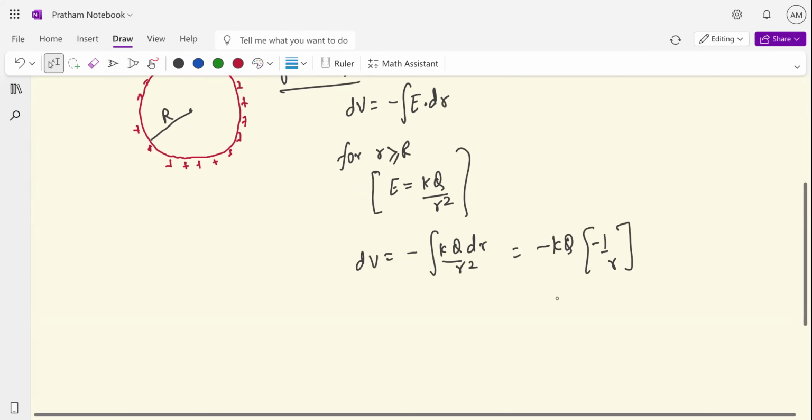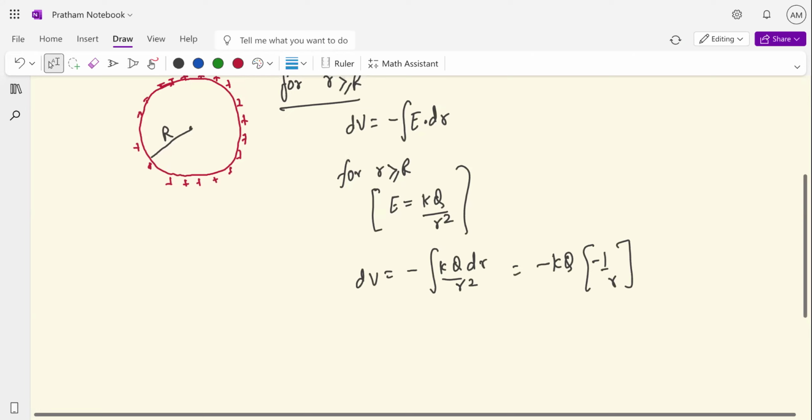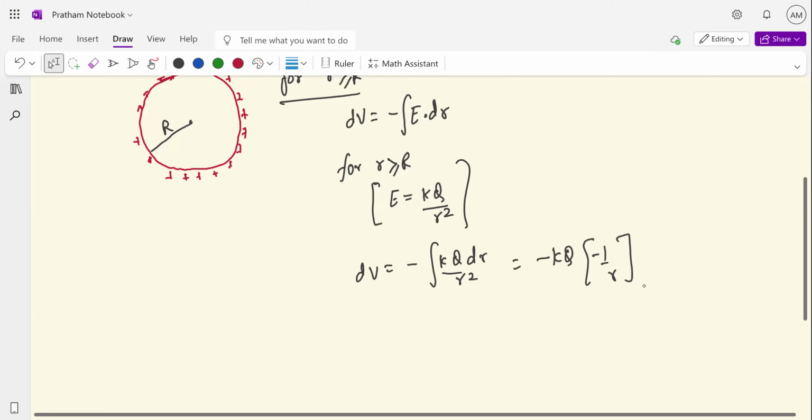Any doubt? No, no. From where to where am I going? I am going from radius R to some random distance r. Understood? Okay. Or I can say we are looking for any random radius, so assume the potential to be at r. Clear?